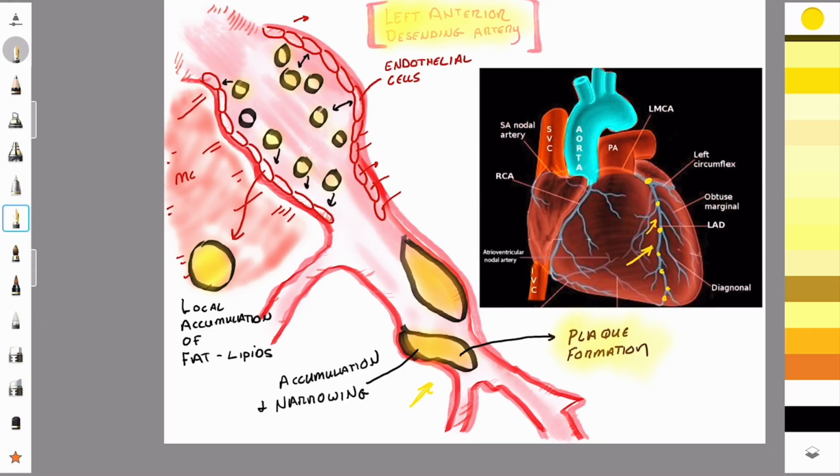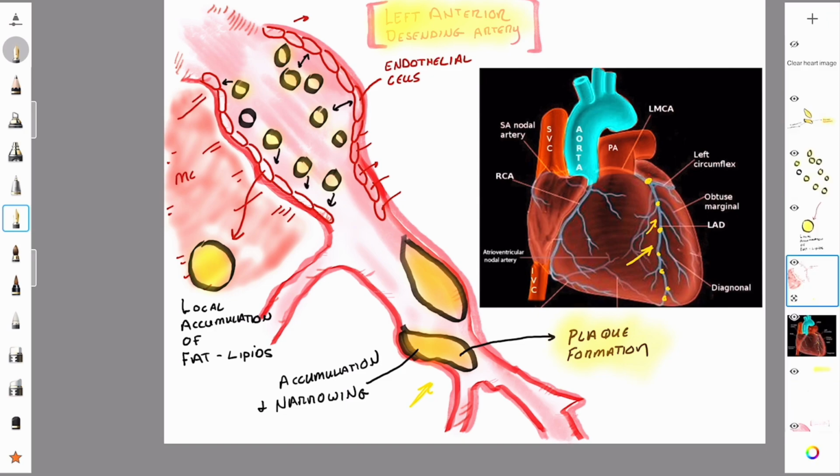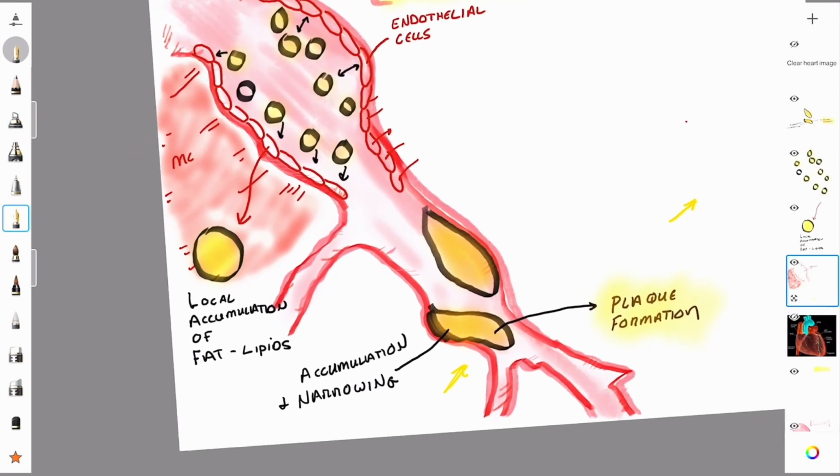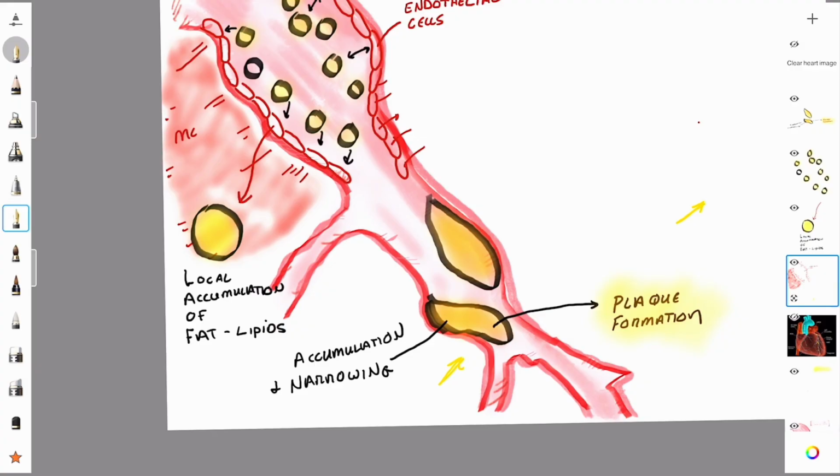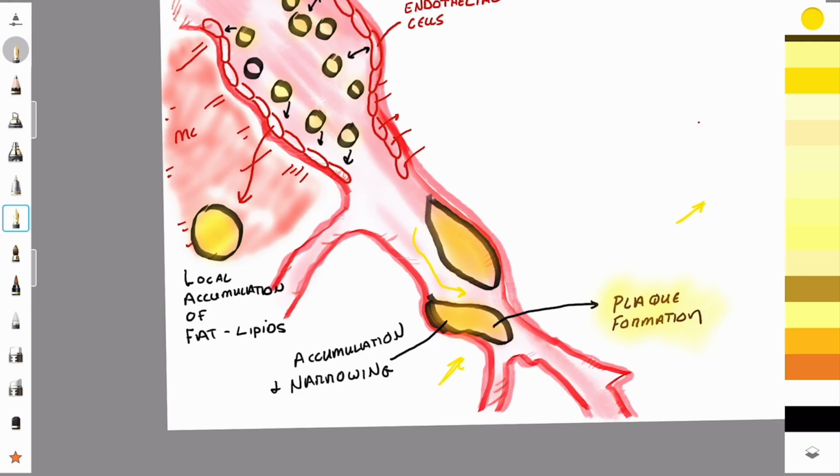And this plaque formation is causing unfavorable changes to the coronary artery because now we get this narrowing. Let me turn that to black. You can see how this artery has been artificially narrowed, and we have this blockage here.